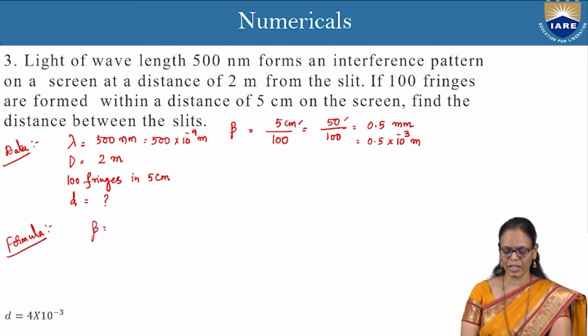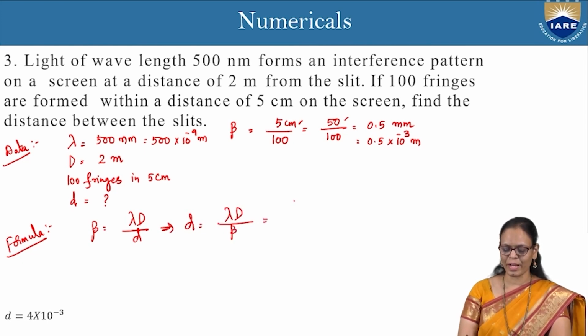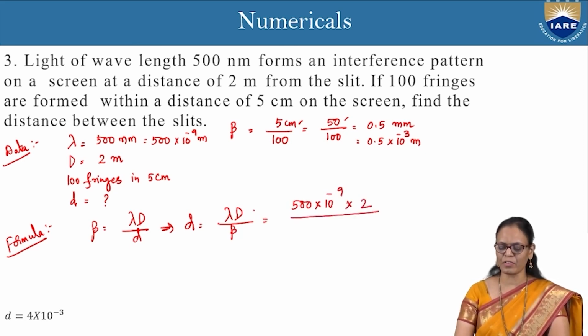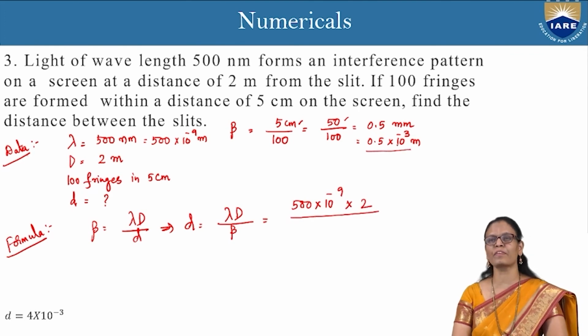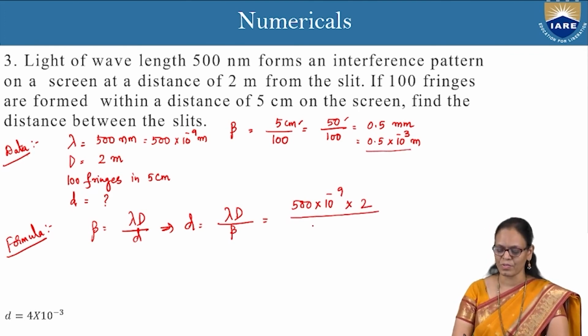Beta is equal to lambda D by d. So small d will be equal to lambda D by beta. Lambda is 500 into 10 power minus 9. Capital D here is 2, and beta, the fringe width we got, as 0.5 into 10 power minus 3.